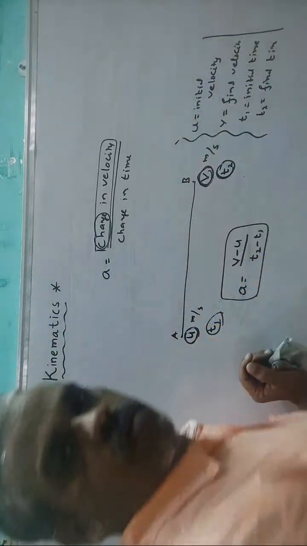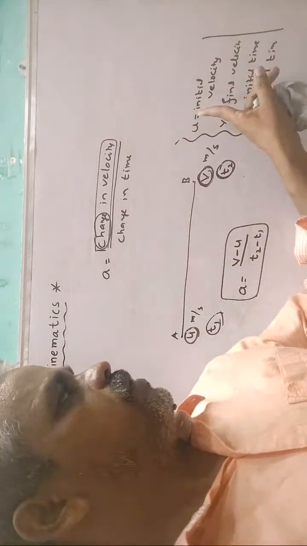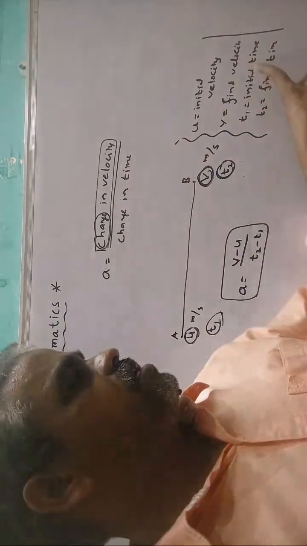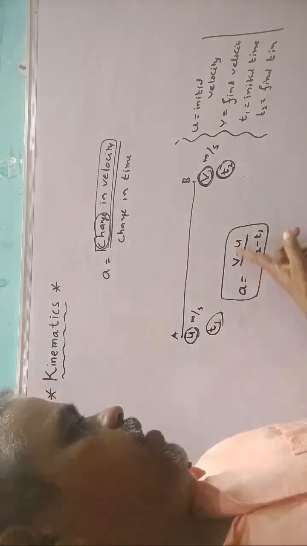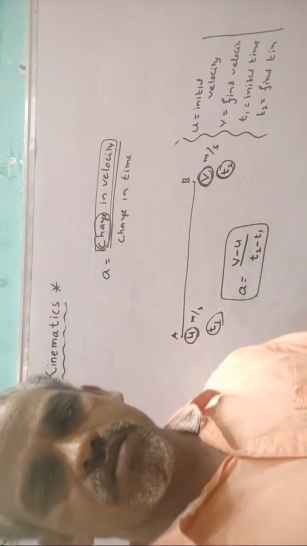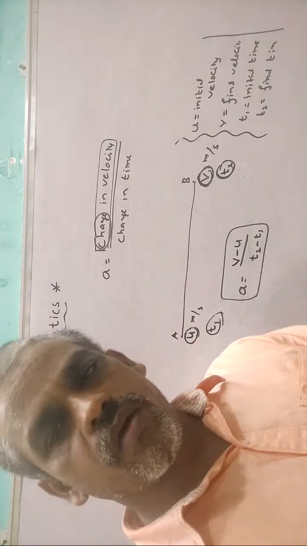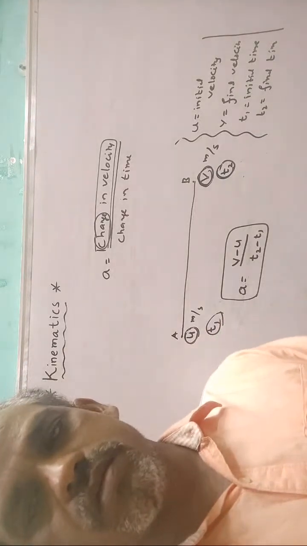You have to write these. Is it visible? Initial velocity, final velocity, initial time, final time. Acceleration equals v minus u by T2 minus T1. Is it okay? I will give one problem based on this.